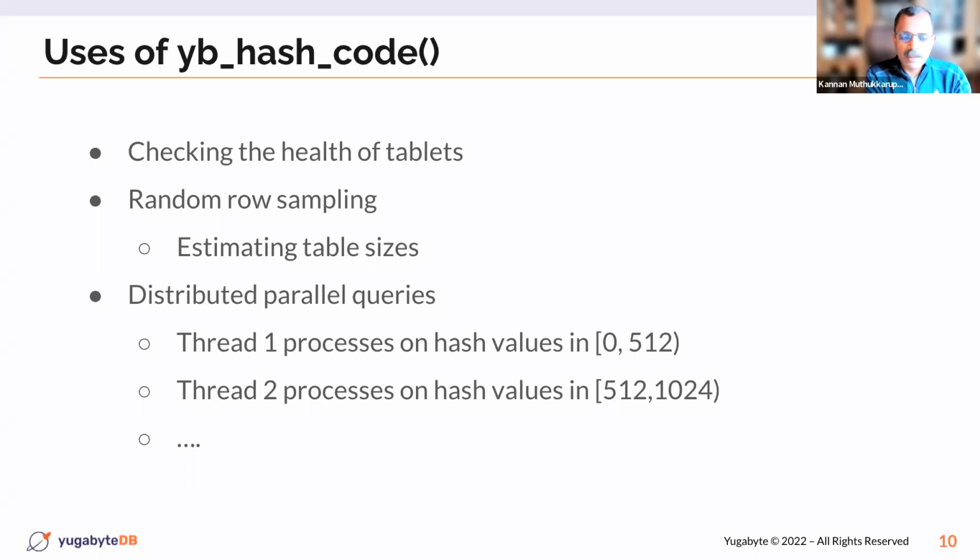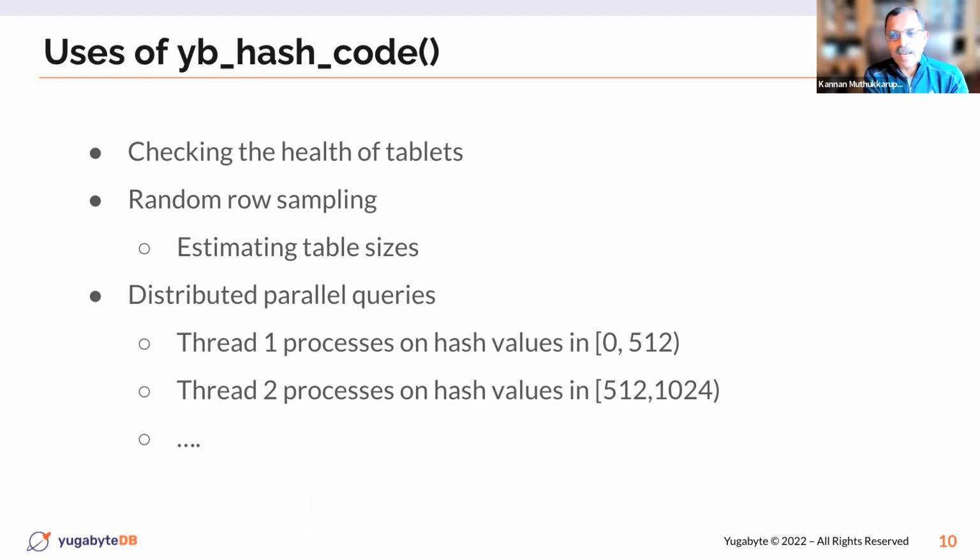However, the point that Tanuj made in the previous slide is important: it's actually not that important for you to think in terms of tablets. What you want to think in terms of is, you have a large table, and how do I slice it? There is a 0 to 64K hash space. I want to break it into meaningful slices that are co-located on physical storage. In the common case, you wouldn't worry too much about the tablets, because let's say you took a slice like 0 to 512.